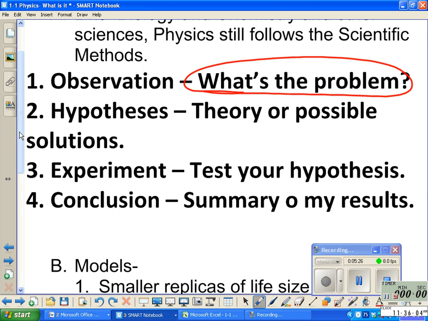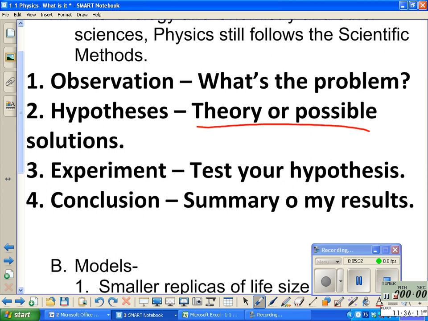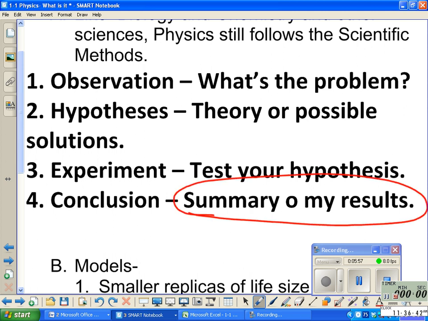The hypothesis deals with what's going to be the way to arrive at your answer. Your experiment is what you do in order to test your theory, your guess. Finally, the conclusion. It's a summary of your events based on what you've done after your experiment.